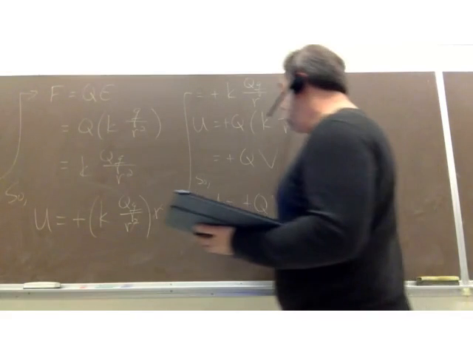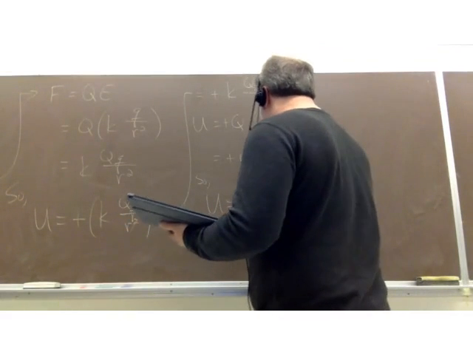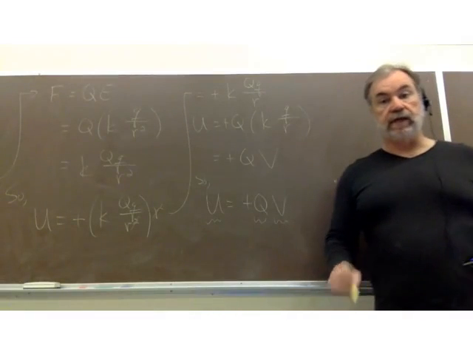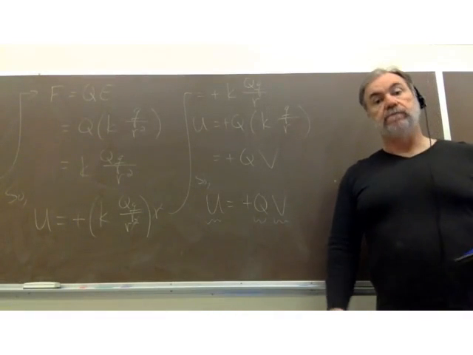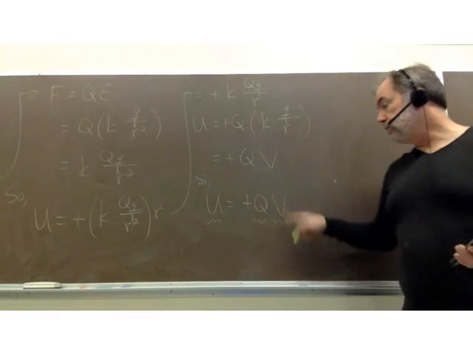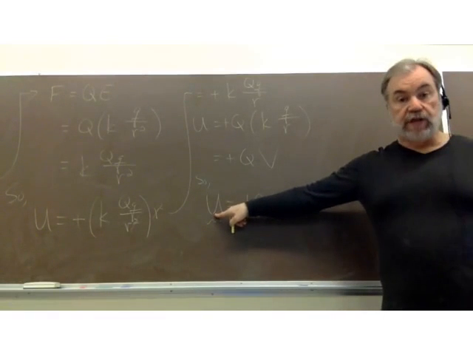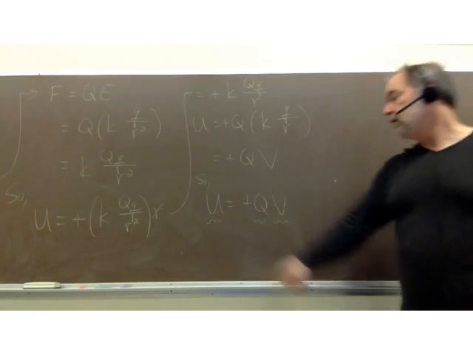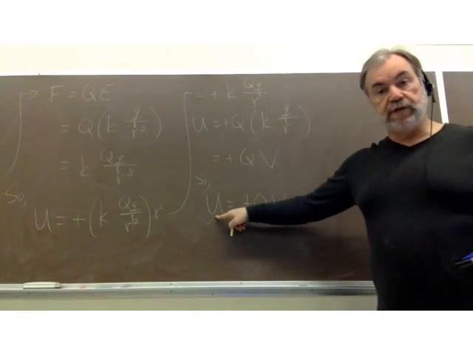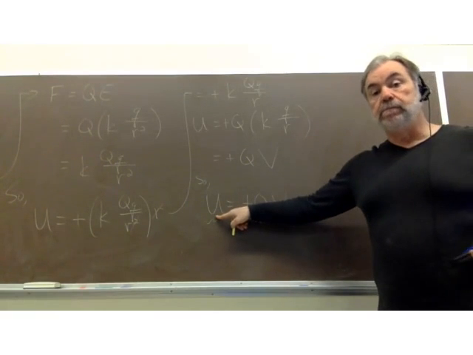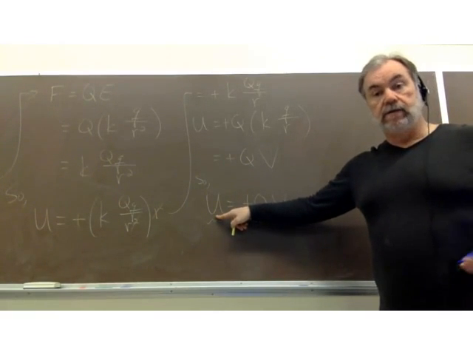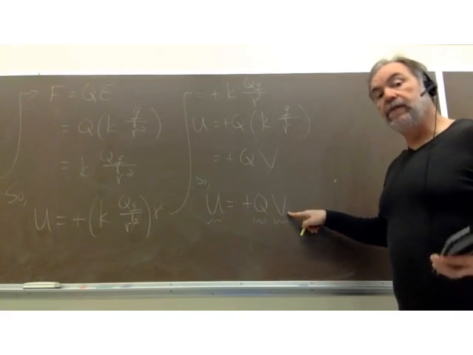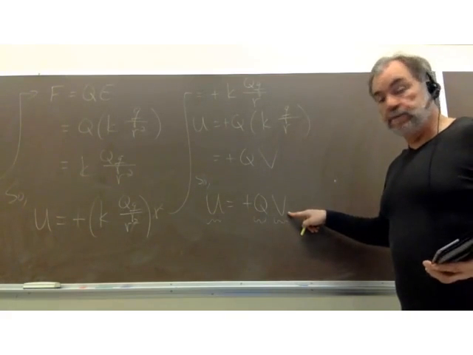Okay, so although I've written this before, what I'm trying to make clear now is the difference between the potential energy and the electric potential. This is the change in potential energy of the test charge as it moves from place to place. The reason that it undergoes a change in potential energy is that the place it is moving has an electric field in it, and the electric field has a corresponding electric potential.